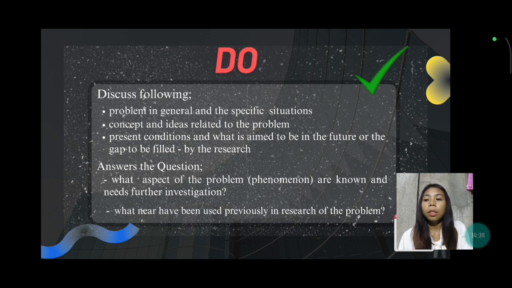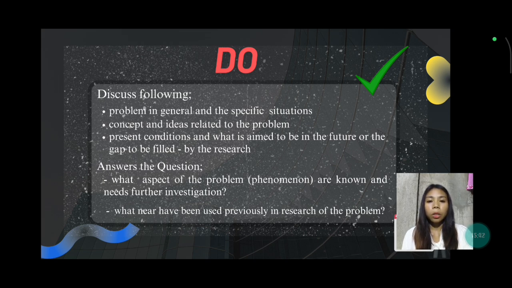What aspects of the problem or phenomenon are known and need further investigation, and what approaches have been used previously in research on the problem? What do you know about the problem you are researching or investigating? What else needs to be done in other research that you can do again or change in your study now?